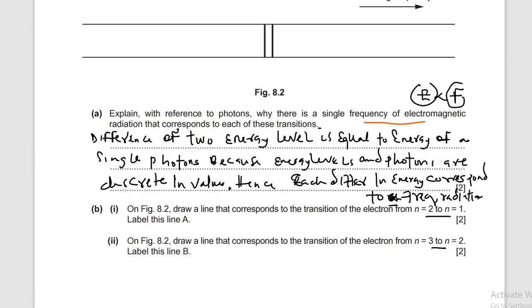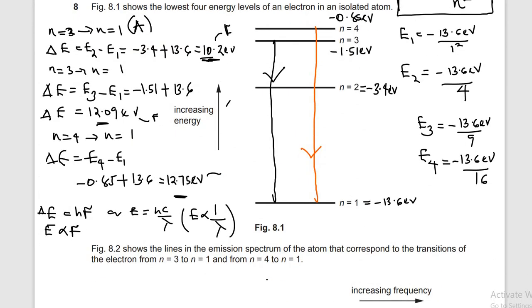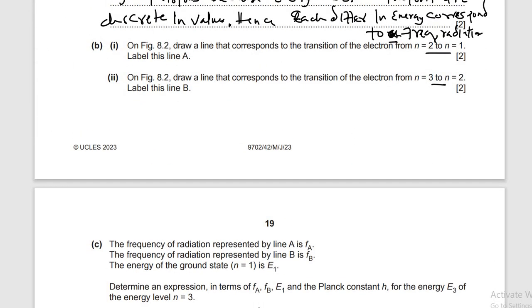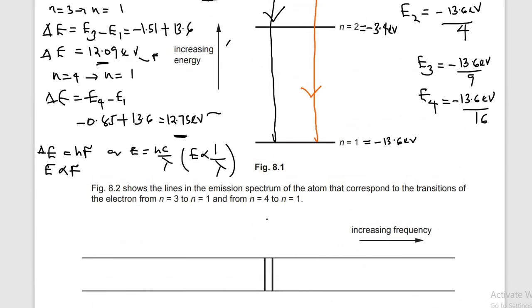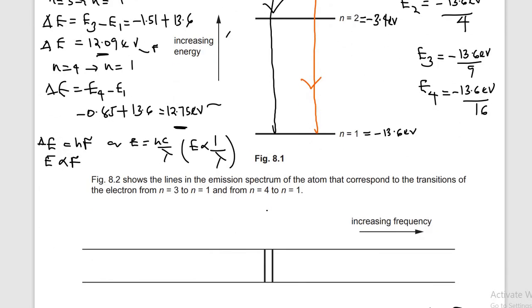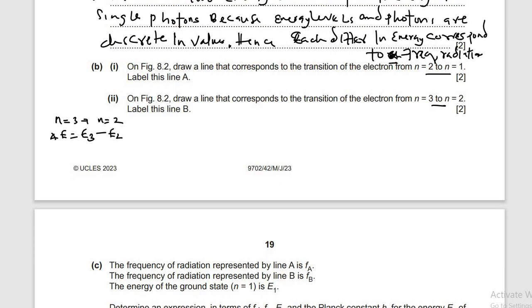The next one is 3 to 2. Let me do it here. So 3 to 2, that's when n is 3 to when n is 2. The change in energy level will be E3 minus E2. What's E3? From here, E3 is minus 1.51, minus E2.